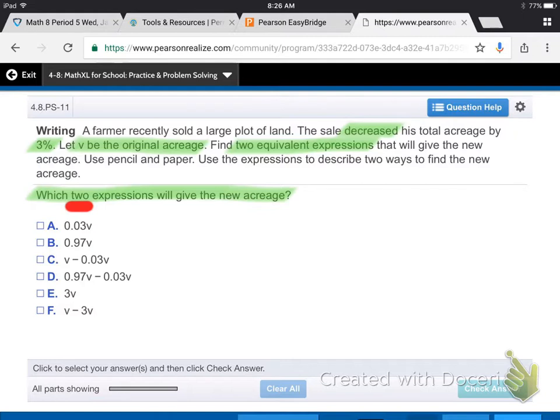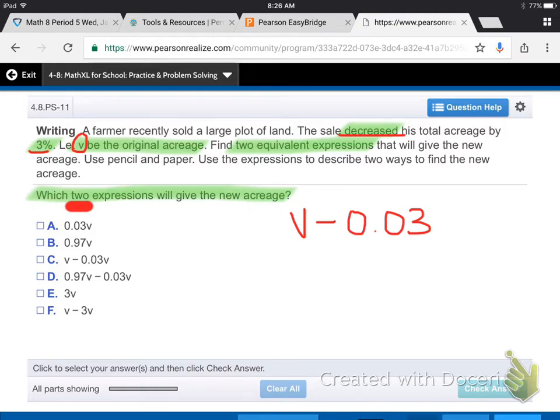So, how are we going to start this one? Remember, what is the original acreage? That's V. Okay, now it decreased by 3%, right? So, if we take the original acreage and decrease it by 3%, remember how to make percentage into a decimal, you move the decimal backwards 2 places, so 3% becomes 0.03.